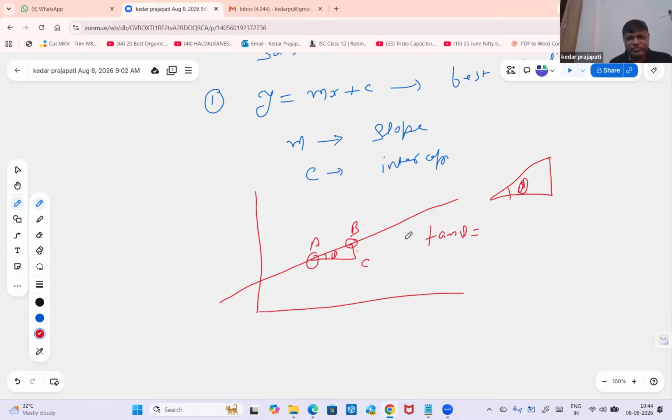So tan theta, this is the perpendicular, this is the base, and this is the hypotenuse. So this will be perpendicular by base. Let's assume this point is x1, y1, and this point is x2, y2.